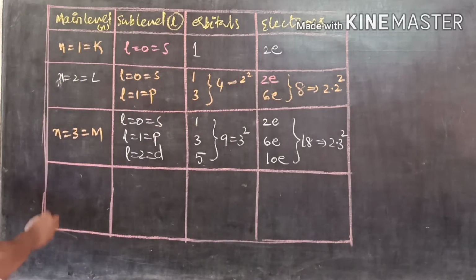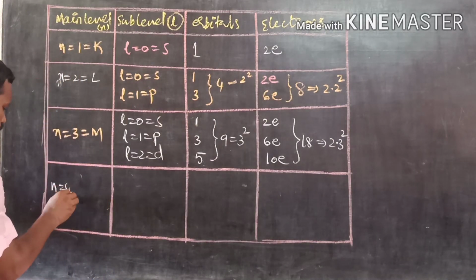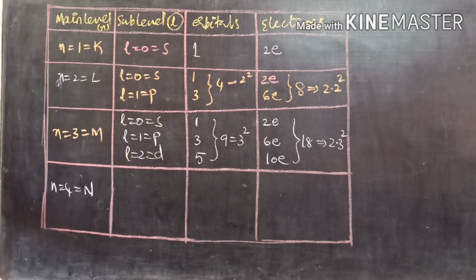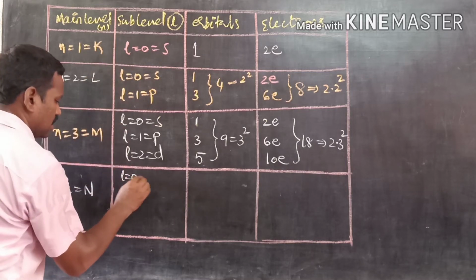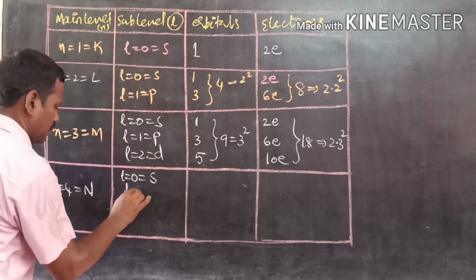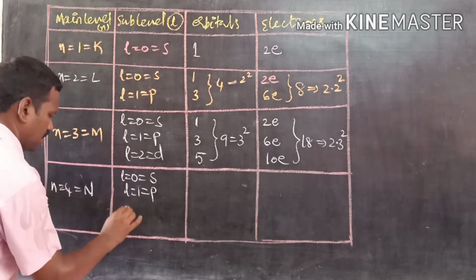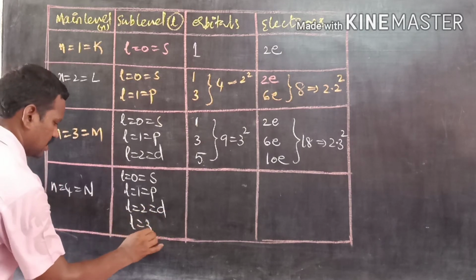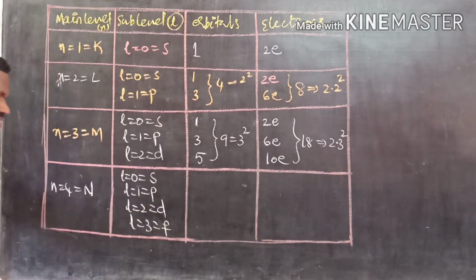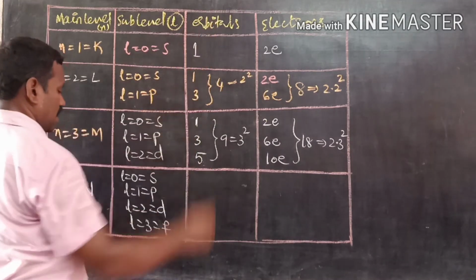Now, let us come to main level 4. n equals 4, that is N, having four sublevels. They are l equals 0, s sublevel; l equals 1, p sublevel; l equals 2, d sublevel; as well as l equals 3, f sublevel. These sublevels are again divided into orbitals.